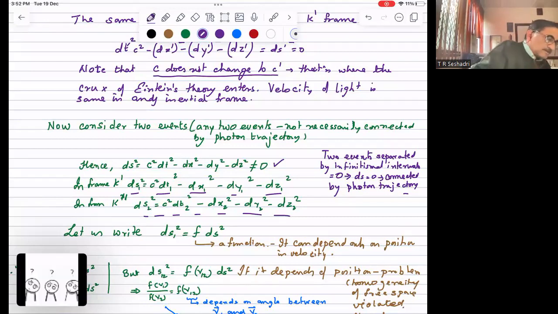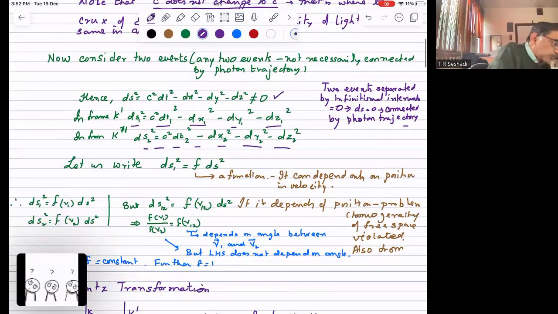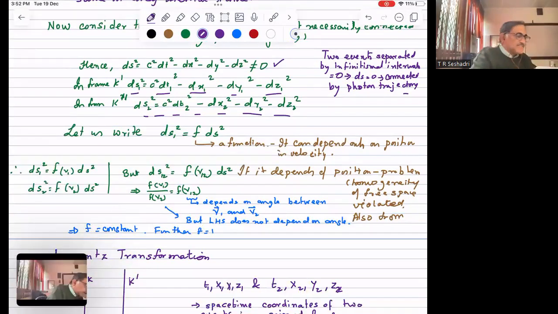Now, what can this function depend on? In general, this function can depend on position and velocity. Suppose it depends on position, you have a problem, because it means that the relationship between ds1 and ds depends on where the event takes place, which means all points in empty space are not alike, which is not correct.